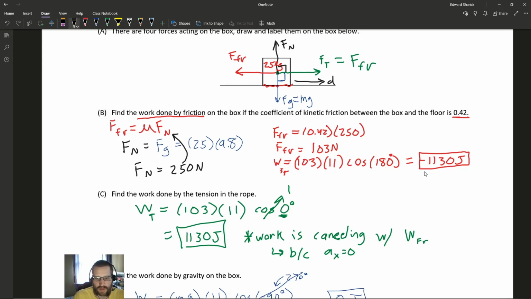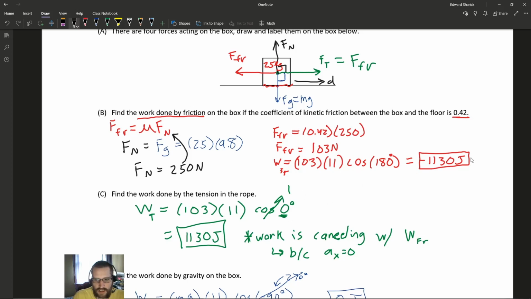Because these are all scalar values, you can just add them all up, even if the work is being done in separate directions, because the equation is going to correct for that. So this is actually a little bit easier than adding forces that were at angles with each other. Here we're always finding it relative to the distance vector, so they're already corrected for that.